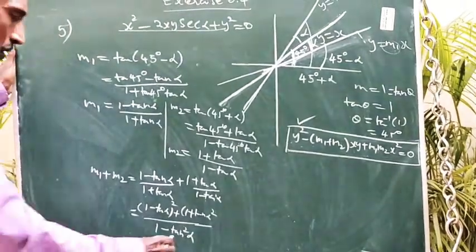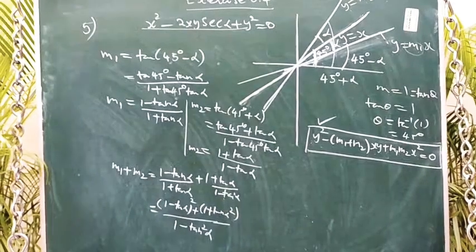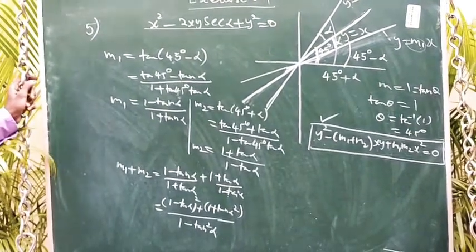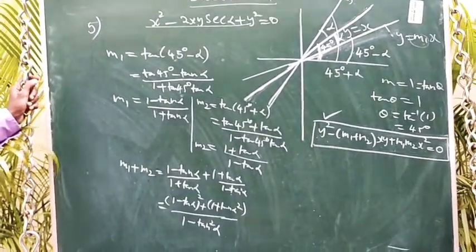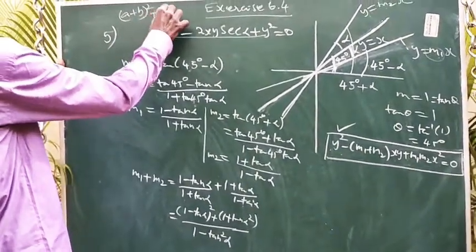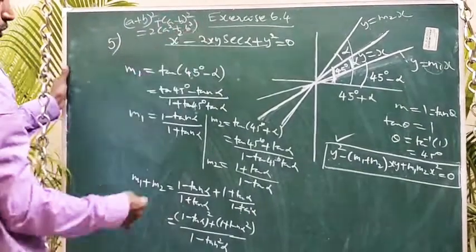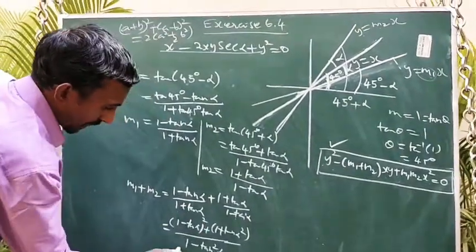So what we are getting: (a plus b) the whole square plus (a minus b) the whole square. My dear students, (a plus b) the whole square plus (a minus b) the whole square is 2 times (a square plus b square). So use that one for the numerator.